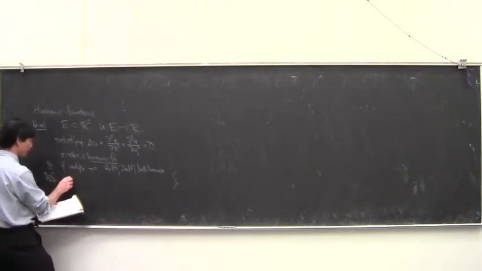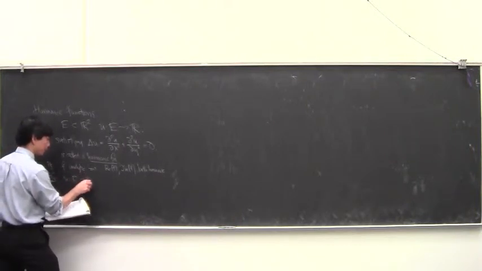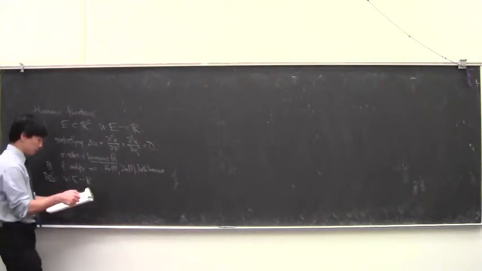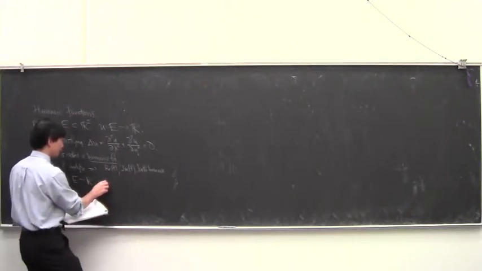But we also have this definition. This is a little bit different from the definition I gave last time. Last time I gave the definition in the book, but I think this one is actually more standard. So you have a harmonic function u.